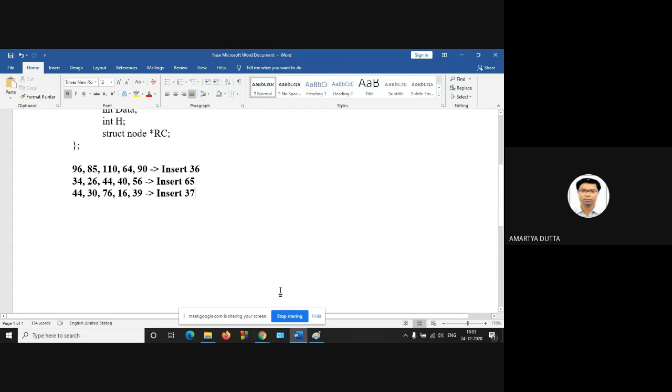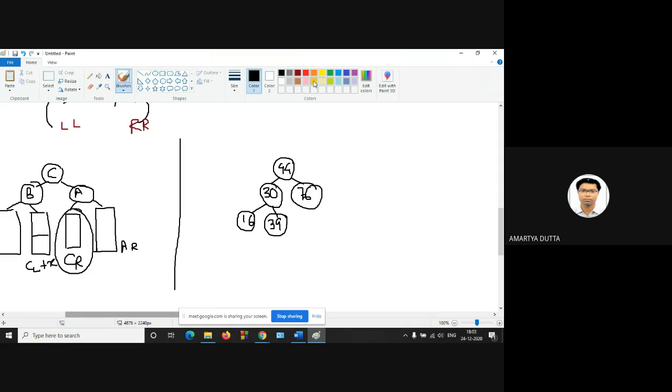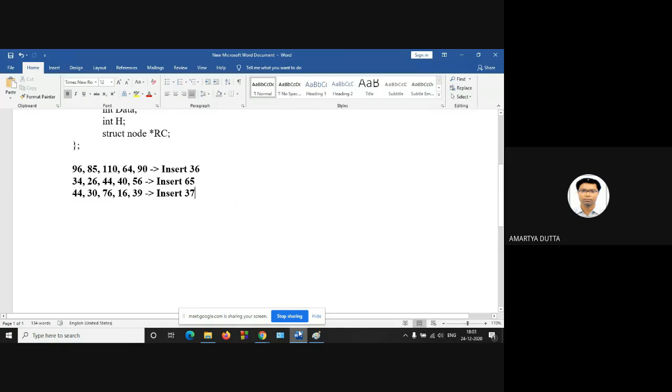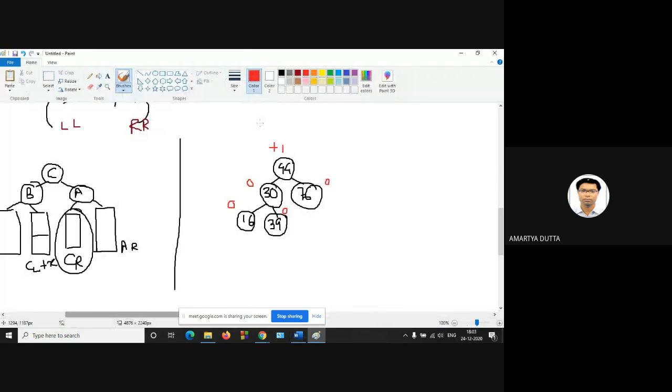So 37 is inserted. What is the position for 37? First of all, calculate the balance. So this is 0, 0, 0, this is 0, 0. For 44, the balance is plus 1. Now insert 37. What is the position for 37? Left of 39. So this is your 37. Is it balanced? Yes, sir. It is balanced. No, sir.